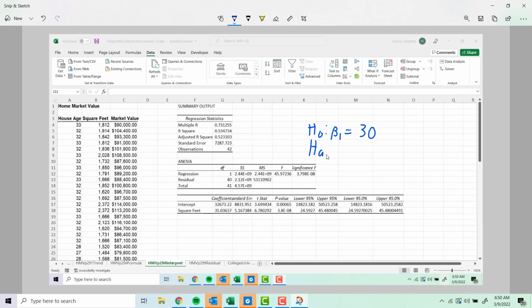This is the slope coefficient, which of course we interpret as the increase in market value for every additional square foot. And we can say here, if 30 is in the confidence interval, we don't have enough evidence that it's not 30, so we'd say fail to reject.